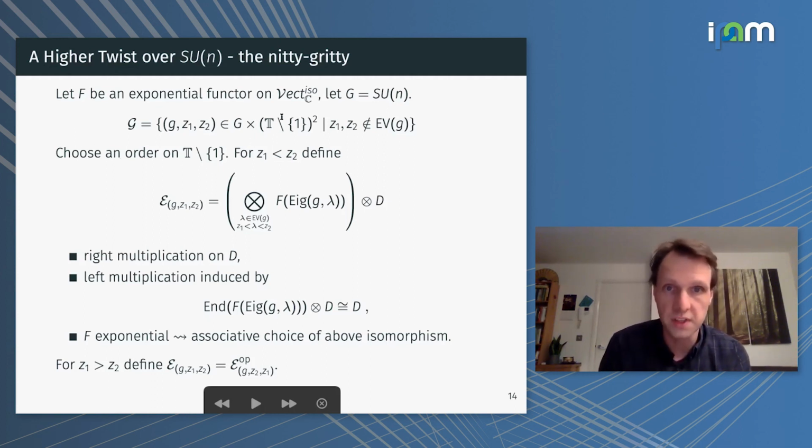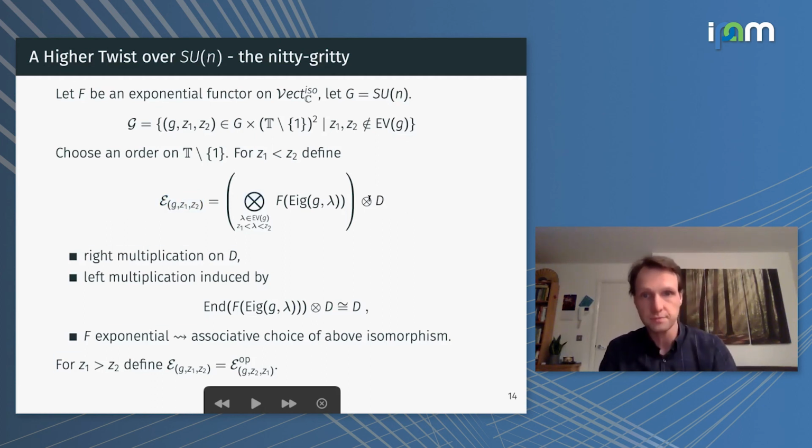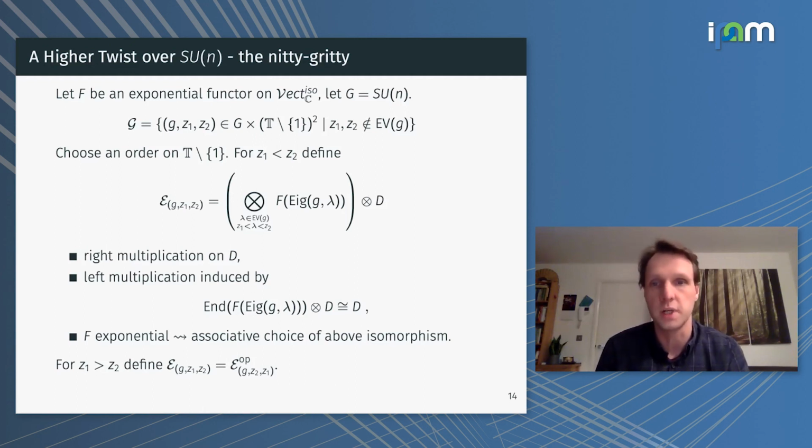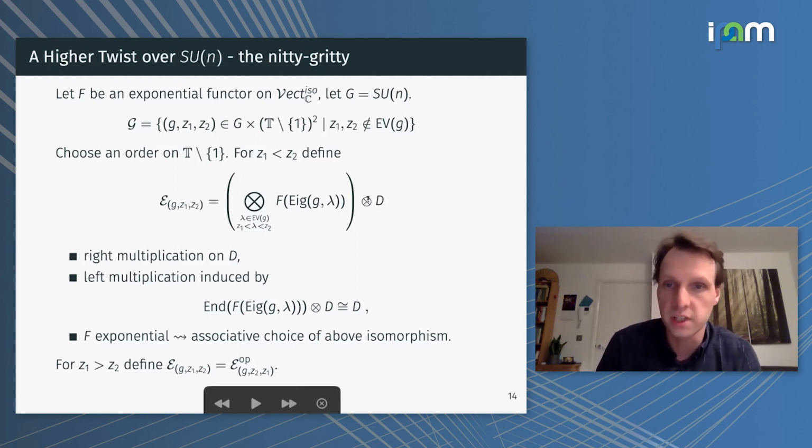Okay, so this is just a copy of the real line for a topologist, so I can equip this with an order. And so I can make sense of what it means for Z1 less than Z2 here. And in that situation, I define the fiber of my Fell bundle by this construction here. And now I have to turn this into a bimodule over the algebra D. And there's a canonical right multiplication that you can use.